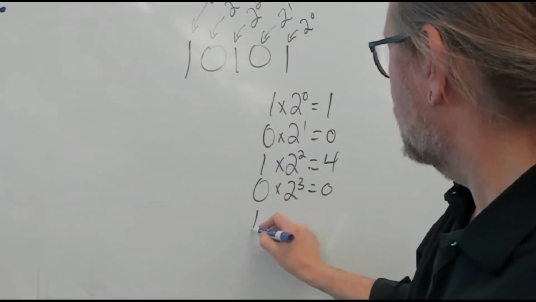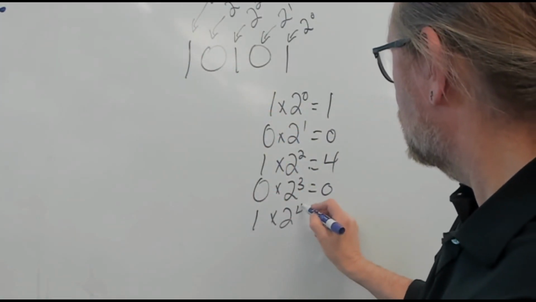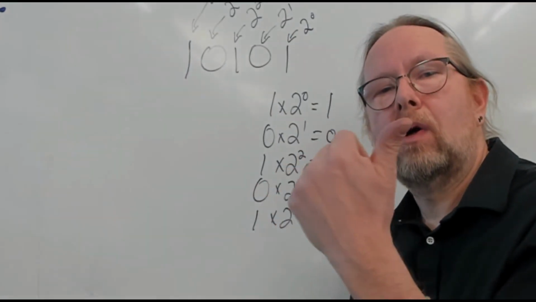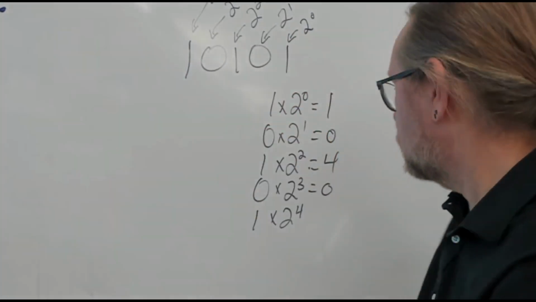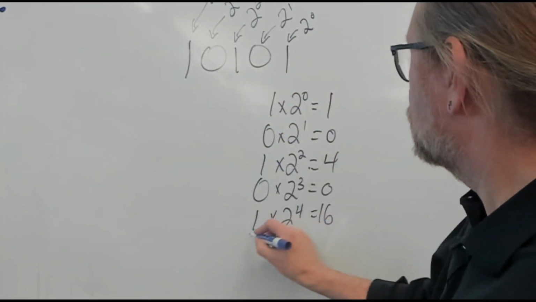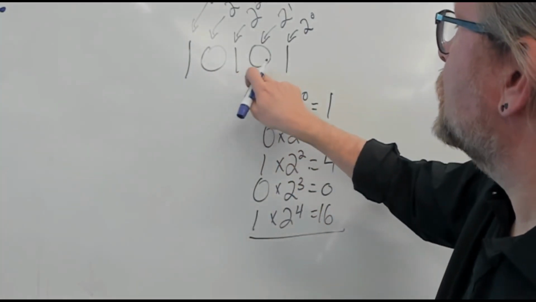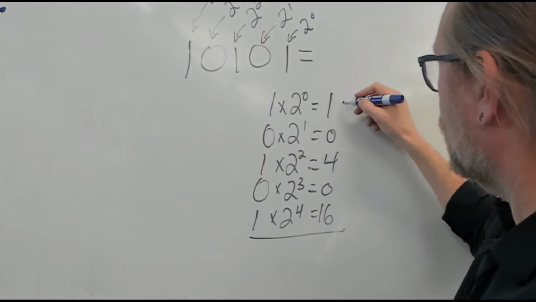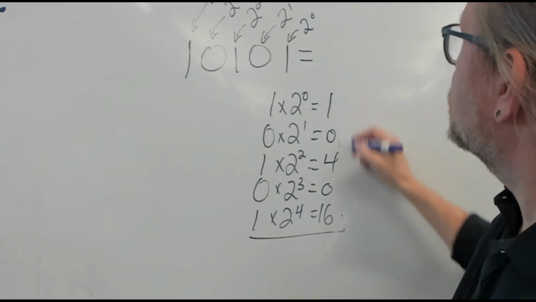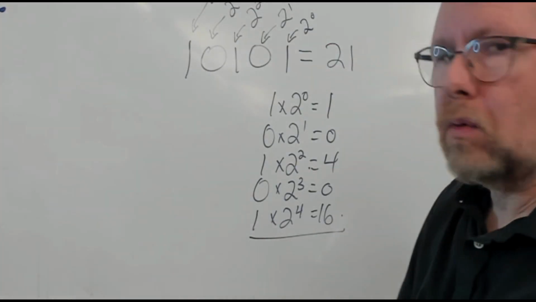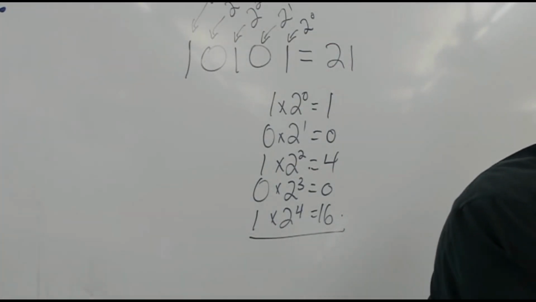And 1 times 2 to the 4. What's 2 to the 4? 2, 4, 8, 16. So this number, 10101 in binary, is 1 plus 4 plus 16, which is 21. Are we sure about that? Let's go to the computer and check, really sure, make sure we didn't make any mistake.